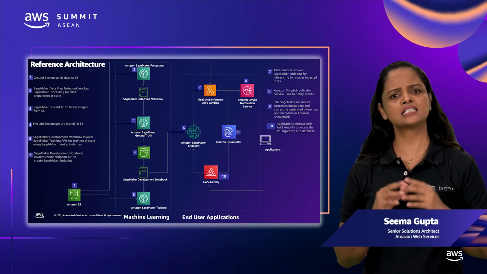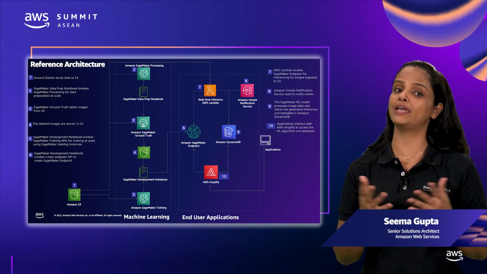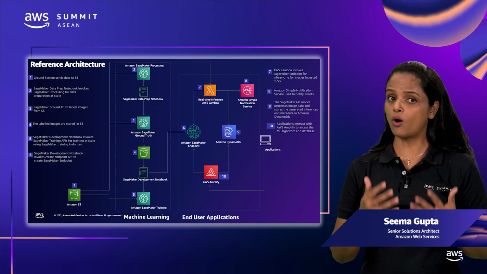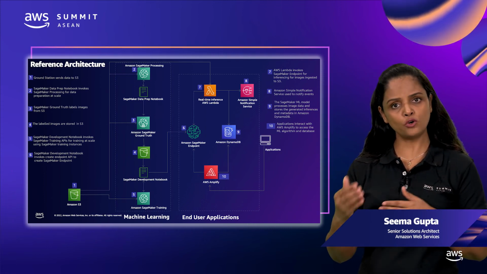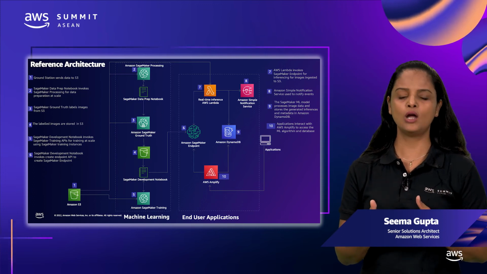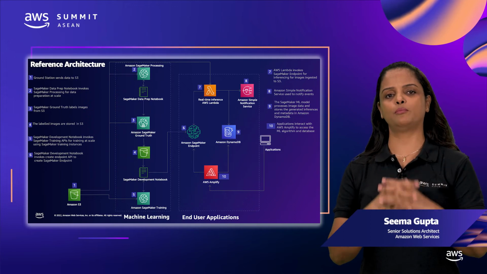SageMaker endpoints are just like REST APIs hosted in the cloud, which could be called by your applications. You can also create a pipeline to retrain your models that use new images from the S3 bucket to continuously improve the training data and iterate on the models.